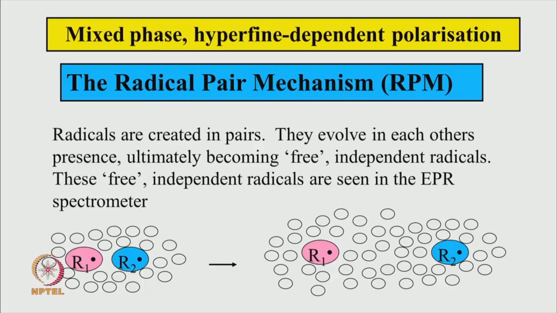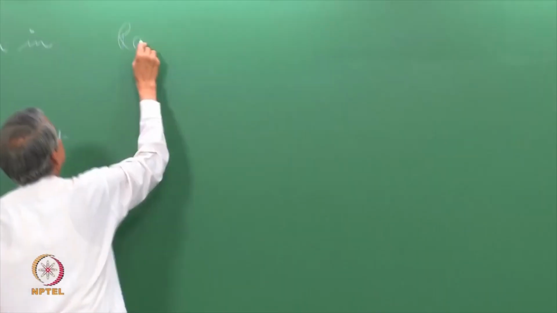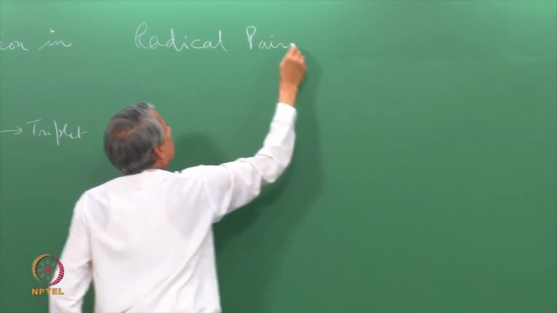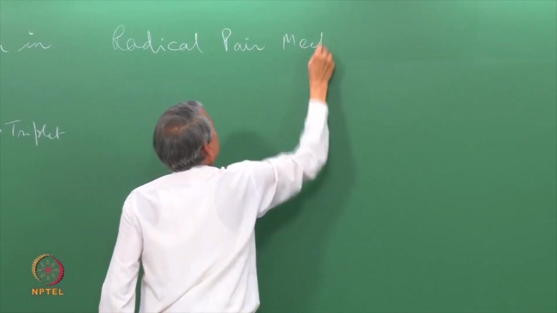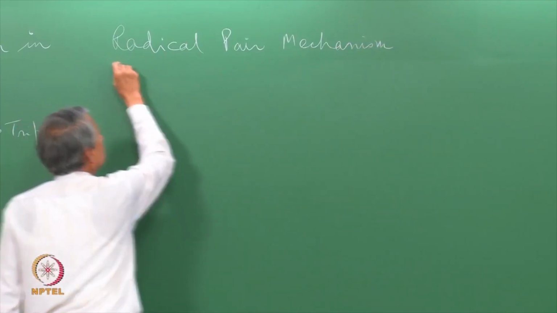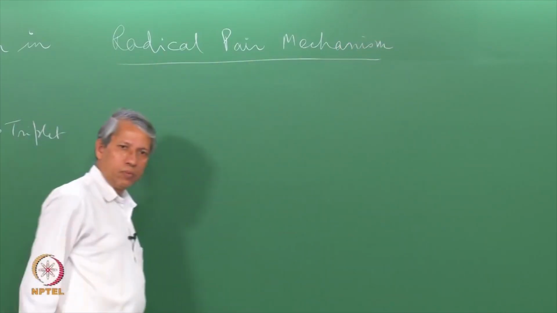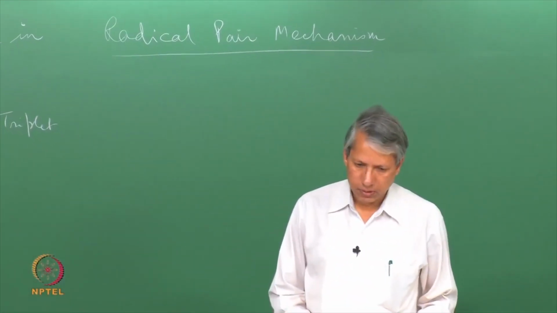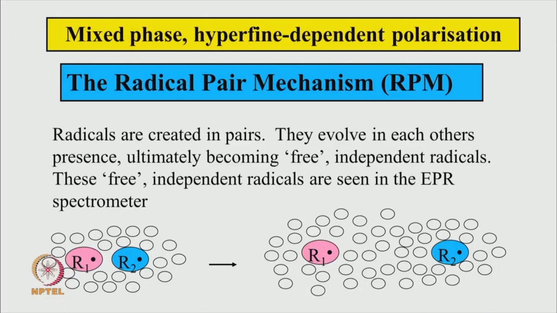This mechanism is called the radical pair mechanism, and we will see that the formation of the radical pair is the key to this mechanism, that radicals are created in pairs and they evolve in each other's presence, ultimately becoming free.